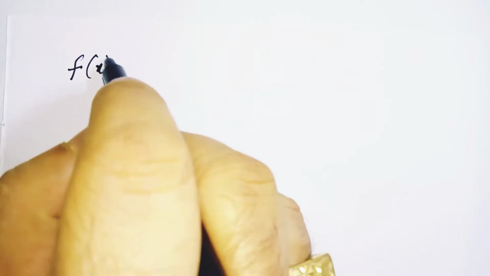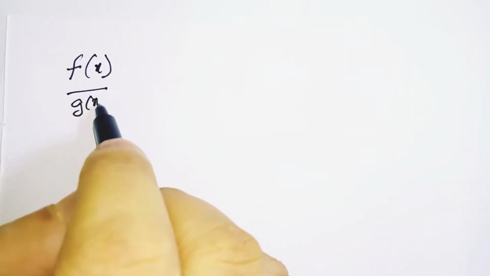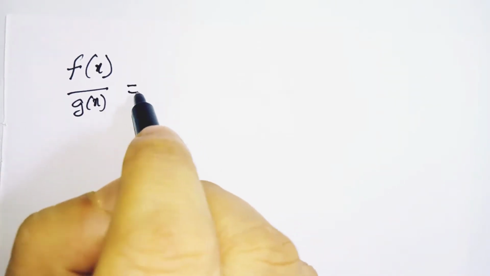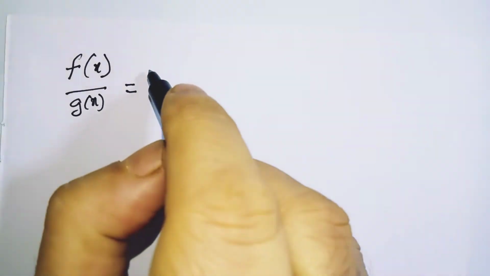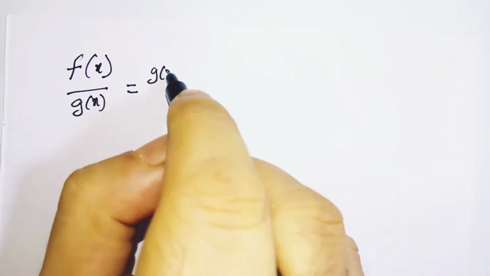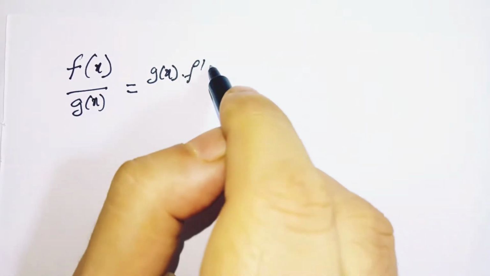So if we get a function, let me show you an example. It would be f of x divided by g of x. Then the basic rule for the quotient would be g of x multiplied by f prime of x.